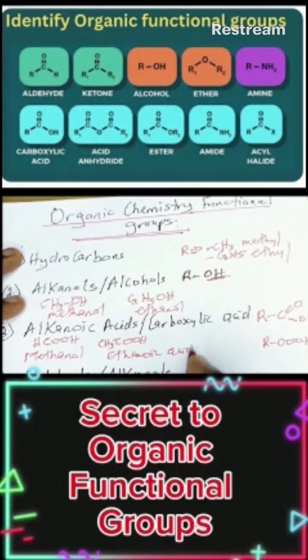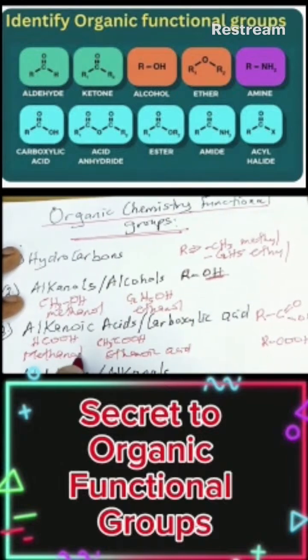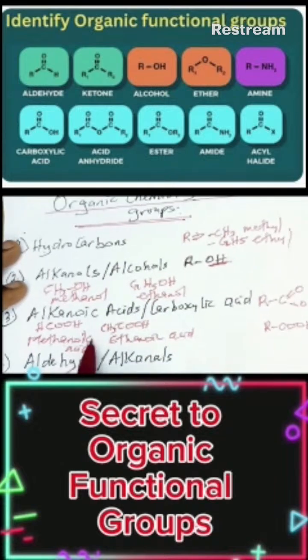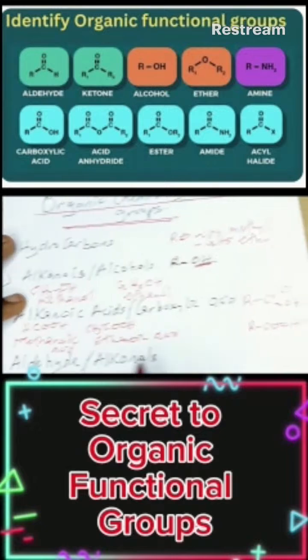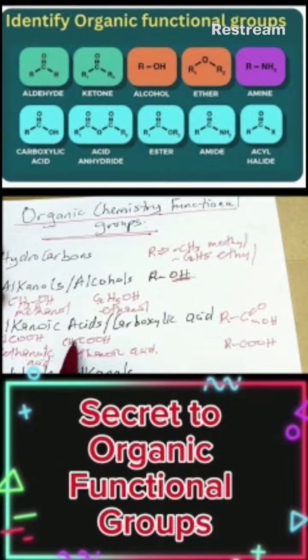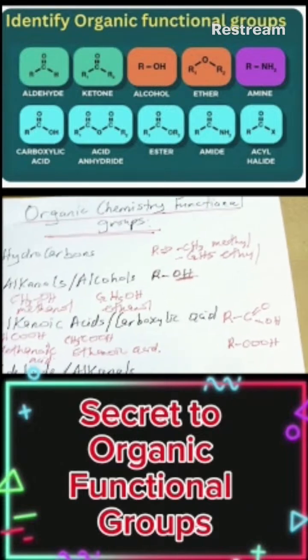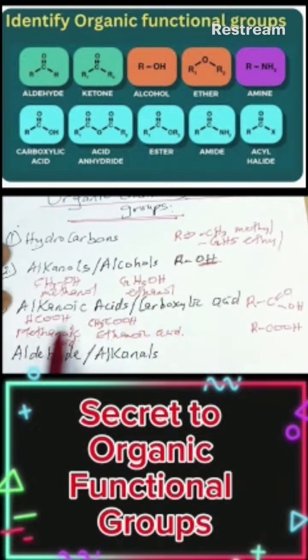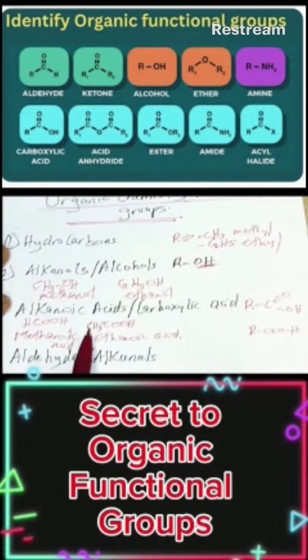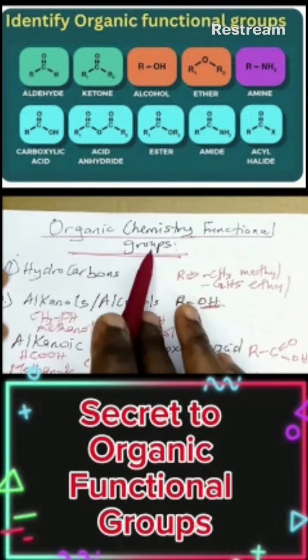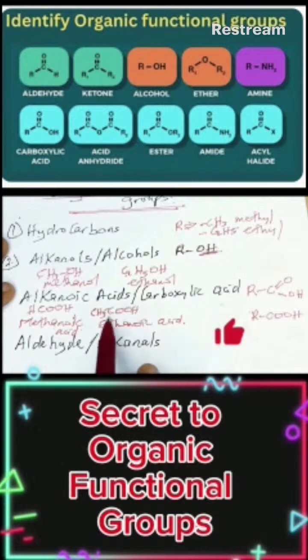If the carbon is 3 instead of these 2, it will be called propanoic acid, and it goes on and on like that. But because this video is for the identification of the groups, whenever you see this, you know it is an alkanoic acid.